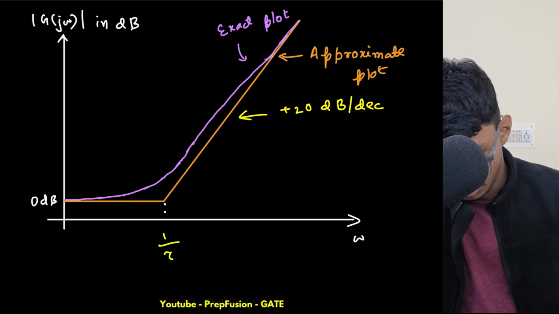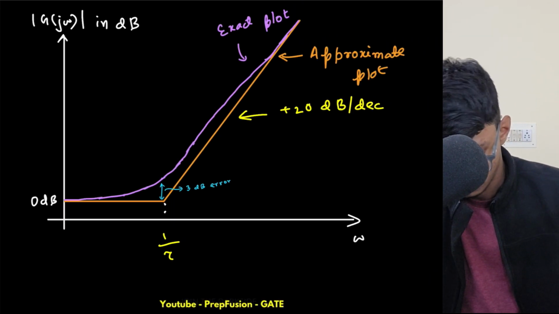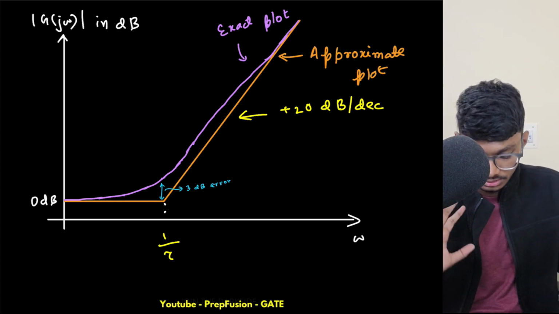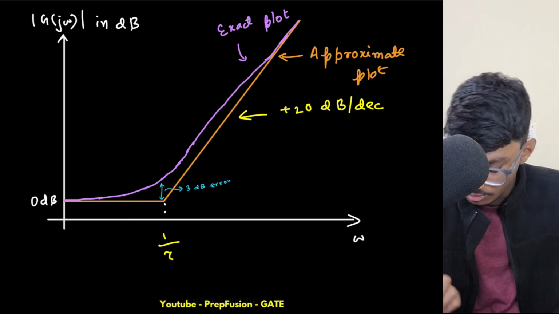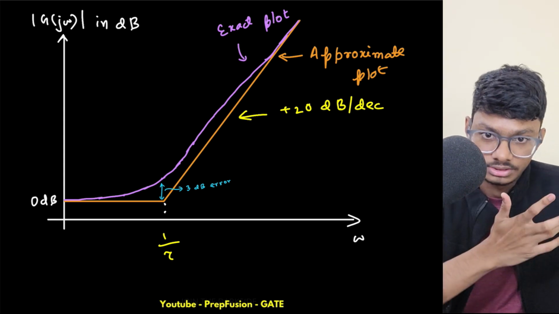And this is my 3 dB error. Okay, so yeah, this is about this case. Obviously the approximate plots intersect here. We have plotted the low frequency and high frequency region. Now let's plot the phase response.